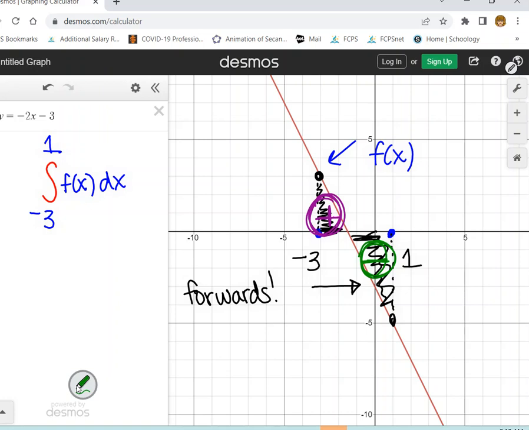It would be this triangle's area and this triangle's area, making sure to count this as positive and this as negative, and that would be how we would attack that problem.